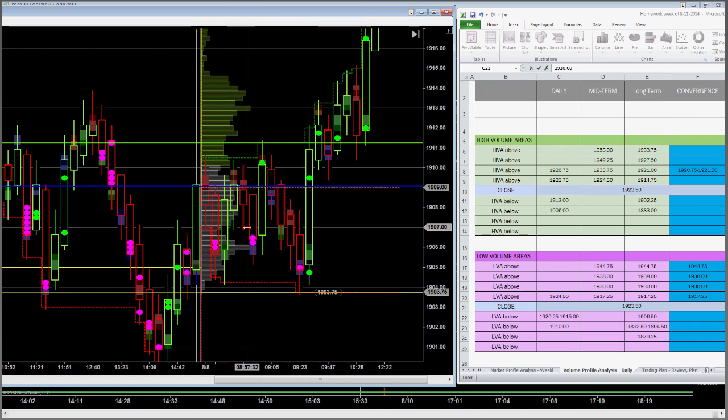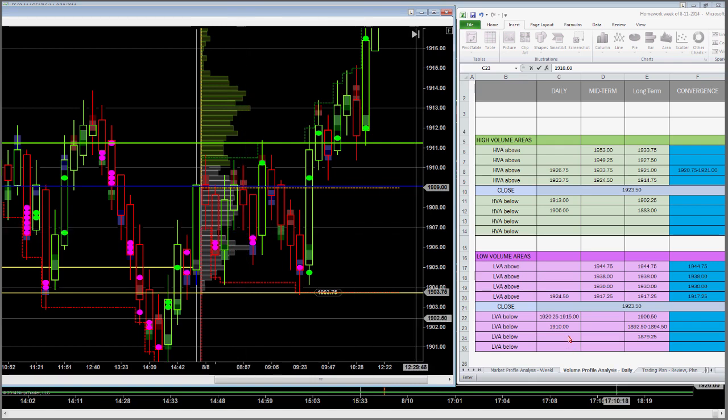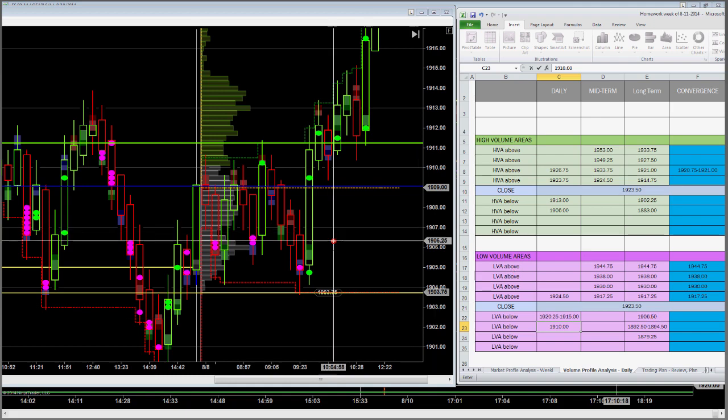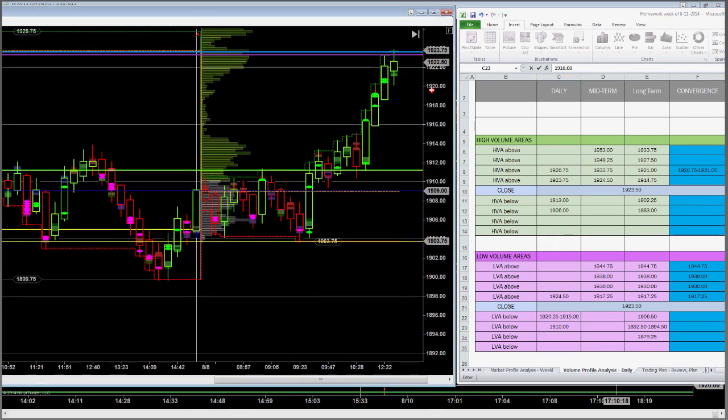Okay? So what I won't do on this chart, it's a low volume area, but it didn't act like a low volume area. So I'm not putting it on my daily chart. It'll be on my long-term chart, but not my daily. So once I've got my daily chart done, I make sure I've got my low volume areas above. I've got this 2450 marked.